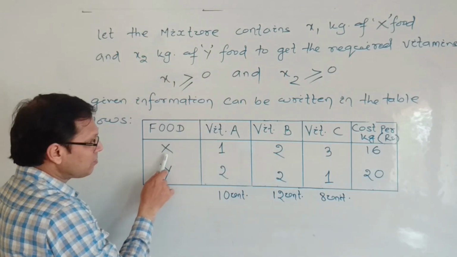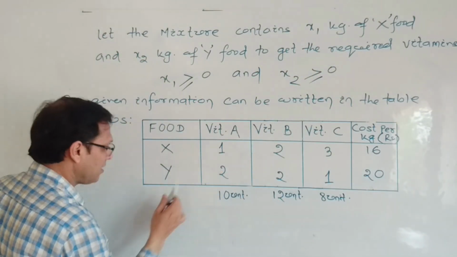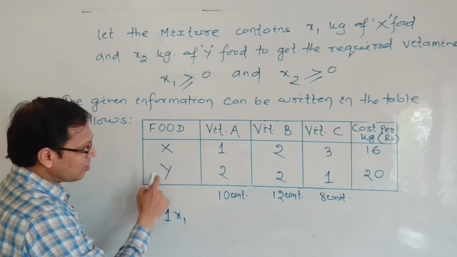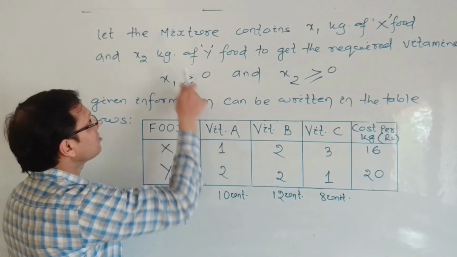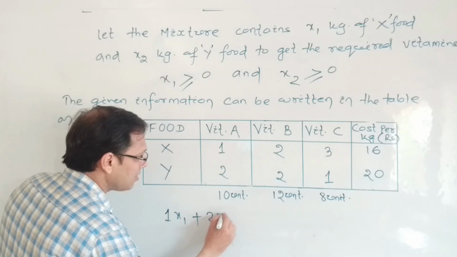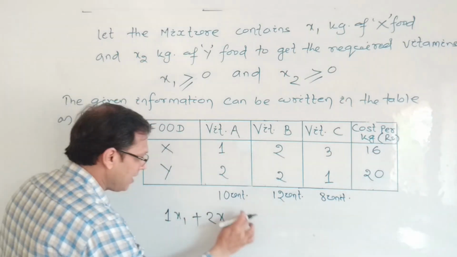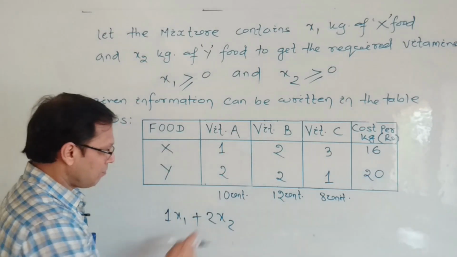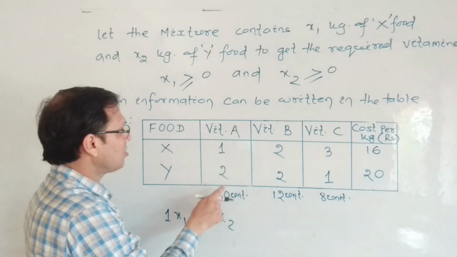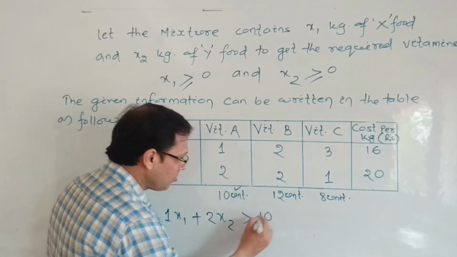So 1 kg of X food contains 1 unit of vitamin A. That means x1 kg of X food should contain 1 x1 unit of vitamin A. Likewise, 1 kg of Y food contains 2 unit of vitamin A. So we have x2 kg of Y food, which should contain 2 x2 unit of vitamin A. So this much total vitamin A is contained by the mixture, but it should be at least 10 units, because it is given that the mixture should contain at least 10 units of vitamin A. So it should be greater than or equal to 10 unit.